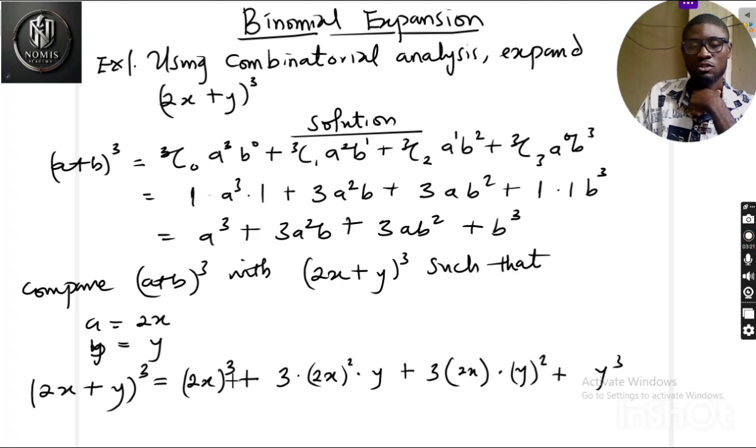So 2x to the power of 3, that is 2 times 2 times 2, and that is 8x cubed, plus 3 multiplying 2 raised to the power of 2, x raised to the power of 2, so that's 4x squared multiplying y, plus 3 times 2x is 6x multiplying y squared, plus y cubed.